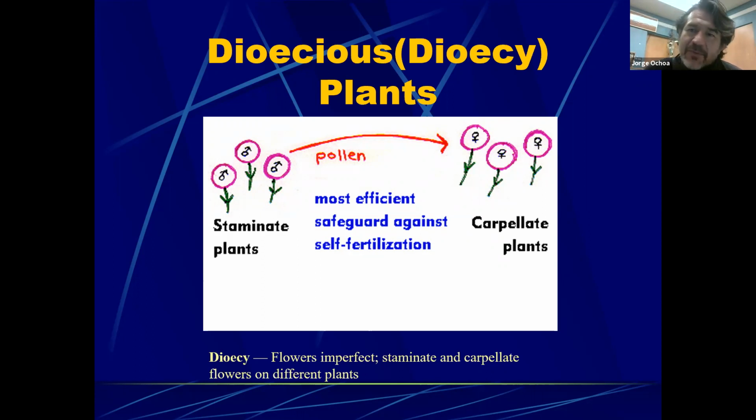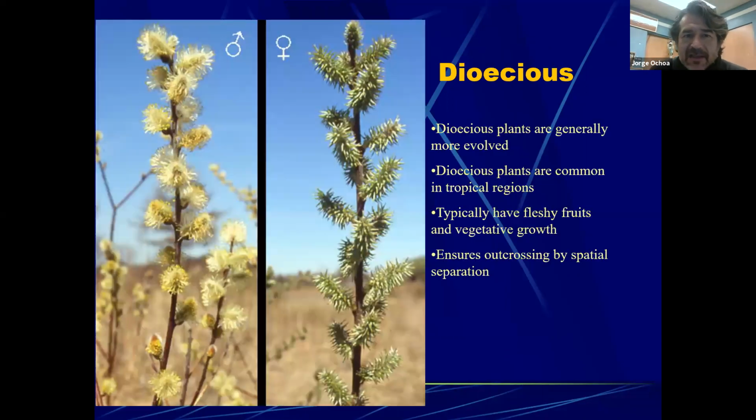Now, it is very important that they are in close proximity, but this will ensure that a plant will never self because it's just unable to produce pollen. It's just going to produce one or the other component. And we have here some examples, as in the case of some willows, that they are going to produce the male flowers, and then the different willows are going to produce the female flowers.